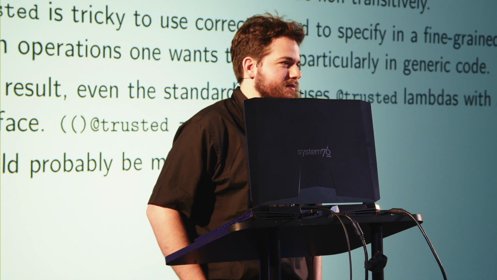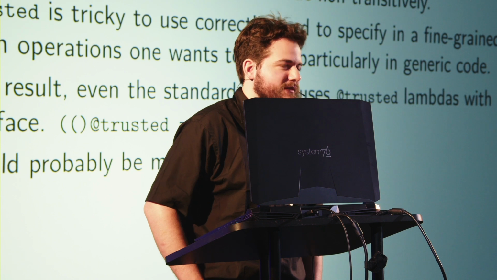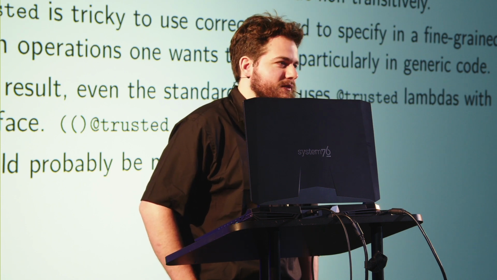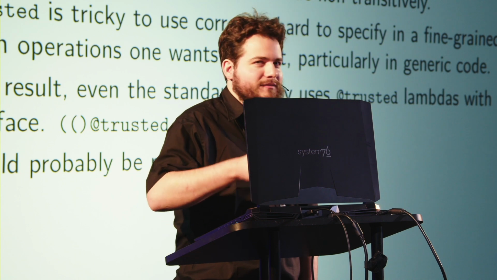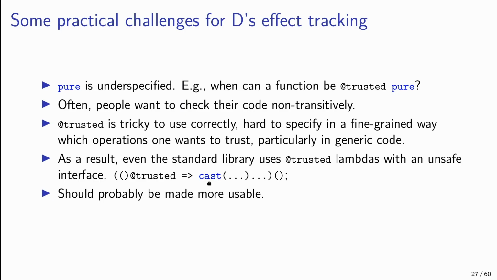I mean, it prevents some things, like it prevents you from accessing a mutable global state, but it's not so clear what exactly is the invariant that this enables. Often, another issue is that people want to check their code non-transitively, so they don't really care about effects that happen somewhere else, but they really want to make sure that they're not the ones introducing them. And currently, there is not really a good story for that.